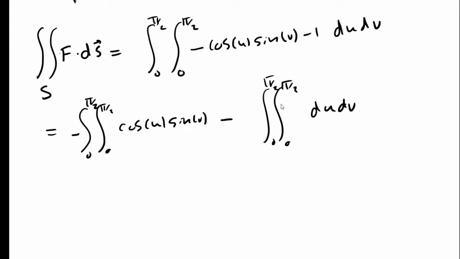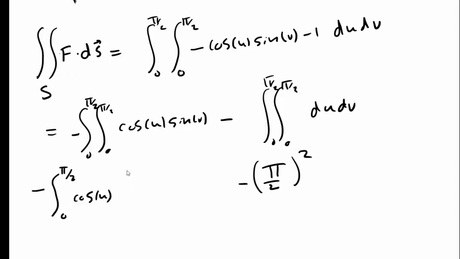This second one is just the area of that square, so pi over 2 times pi over 2, pi over 2 squared. The first is separable, so it's negative the integral from 0 to pi over 2 of cosine u du, times the integral from 0 to pi over 2 of sine v dv.